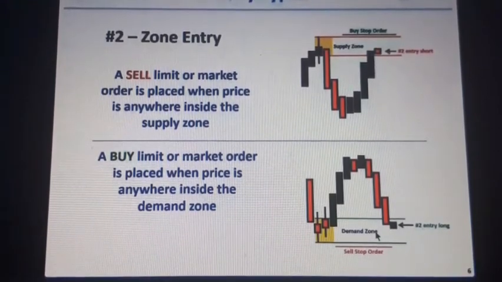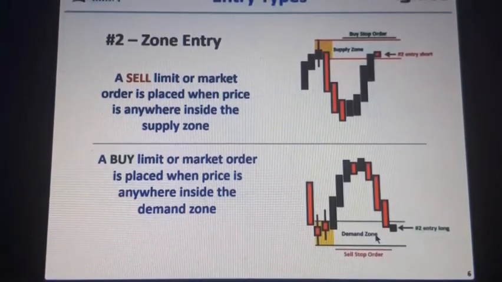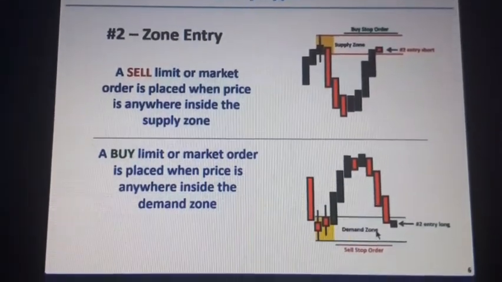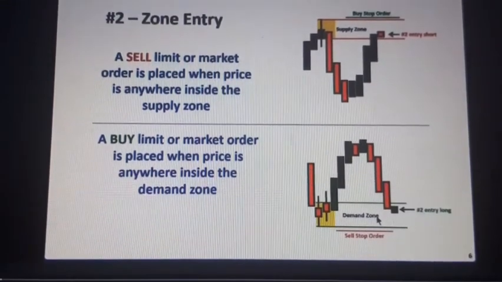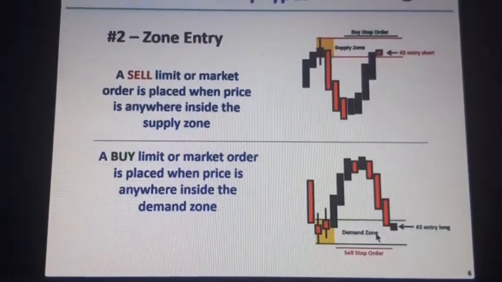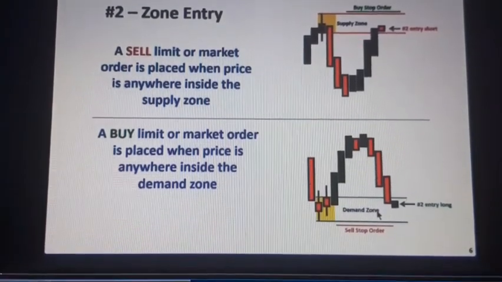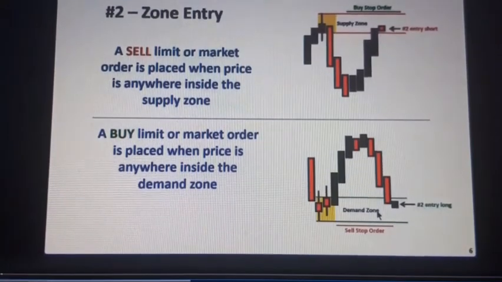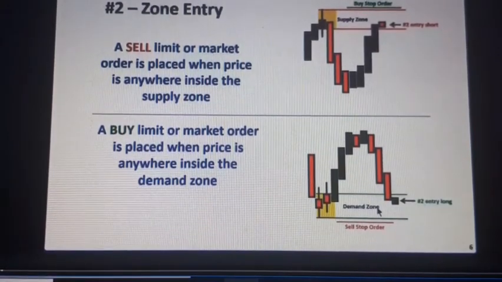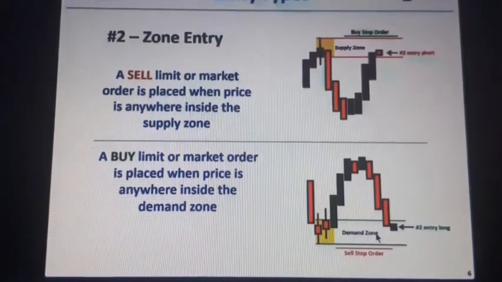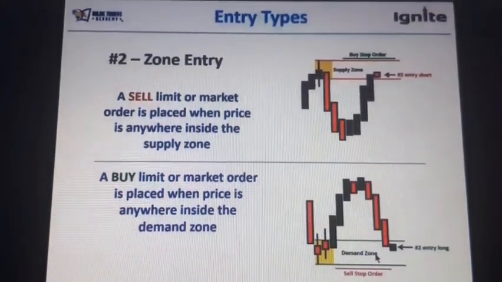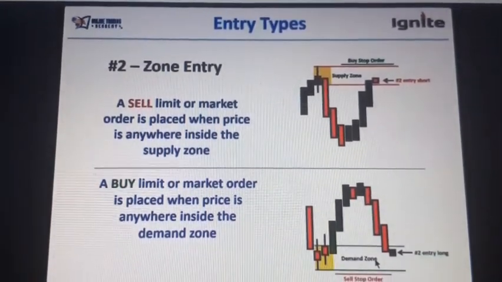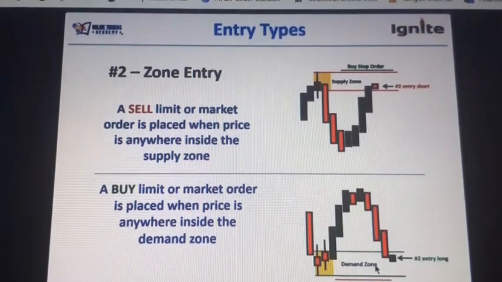Now, entry type 2 has the lowest risk of all the entry types, whether it's a limit entry, a proximal entry, a zone entry, or a confirmation entry, because we are taking the entry inside the zone. But the disadvantage is that you miss your entry because the price might just hit the proximal line and then move up or down with respect to your demand zone and supply zone.